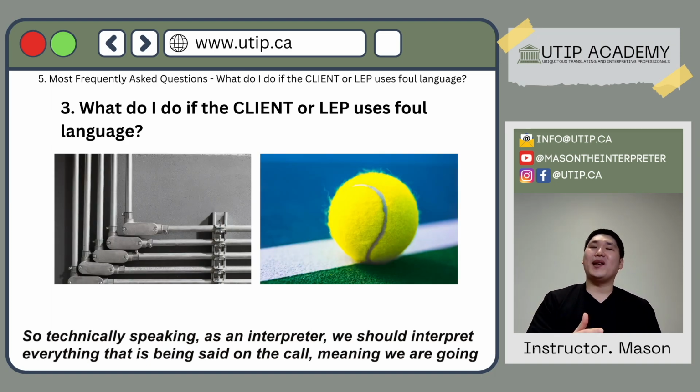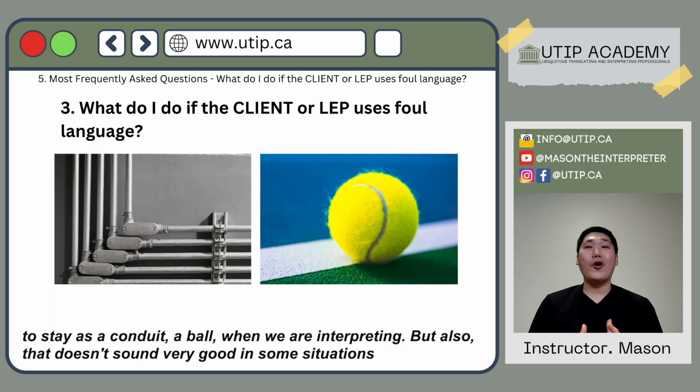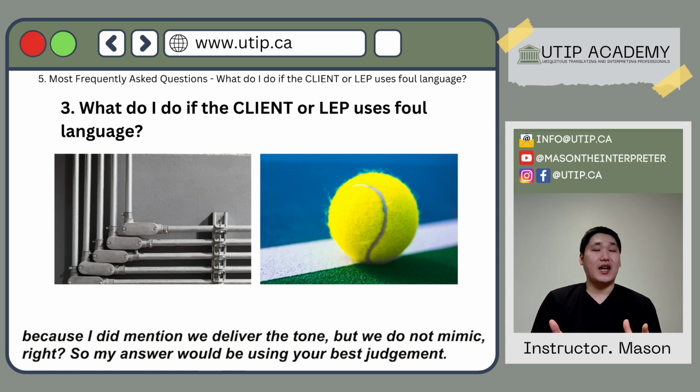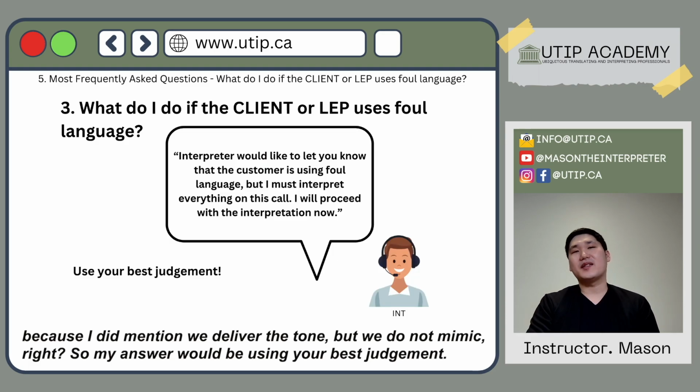So technically speaking, as an interpreter, we should interpret everything that is being said on the call. Meaning, we are going to stay as a conduit, a ball when we're interpreting. But also, that doesn't sound very good in some situations because I did mention we deliver the tone, but we do not mimic, right? So my answer would be using your best judgment.